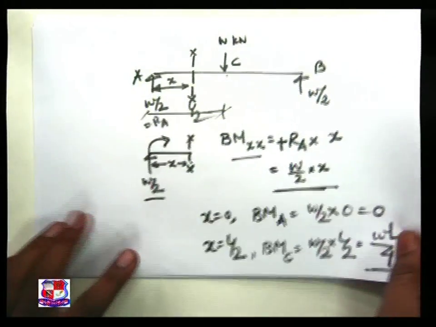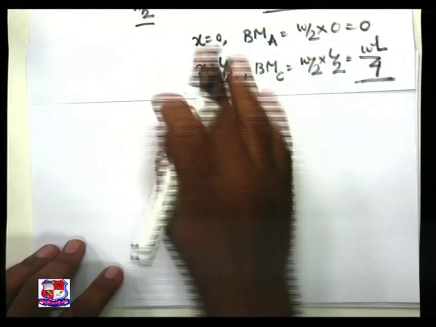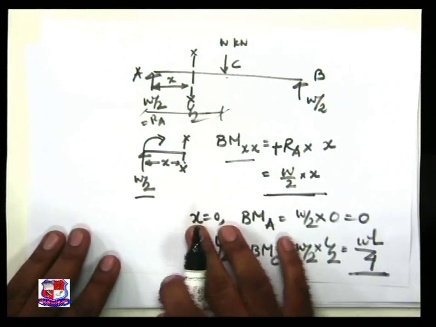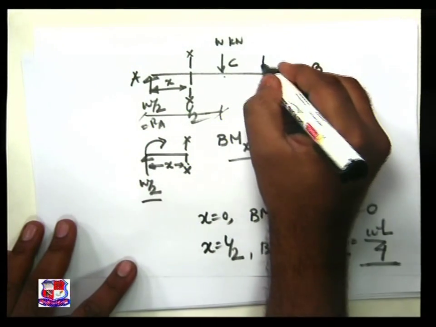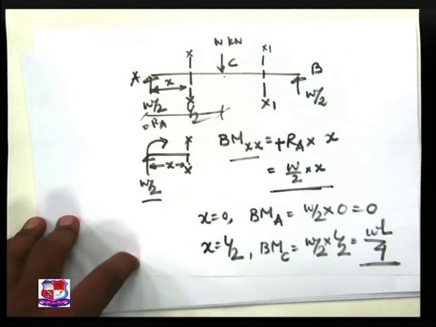Let us find out the bending moment for the next section, between C and B. Let us take another section over here, named x1 x1.